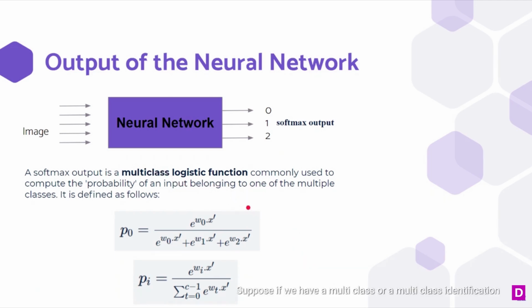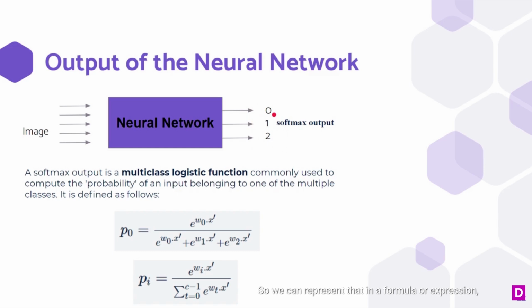Suppose we have multi-class identification, generally we call it a softmax output function. A softmax output function is nothing but a multi-class logistic function, a logistic regression function, which is commonly used to compute the probability of an input belonging to one of multiple classes.